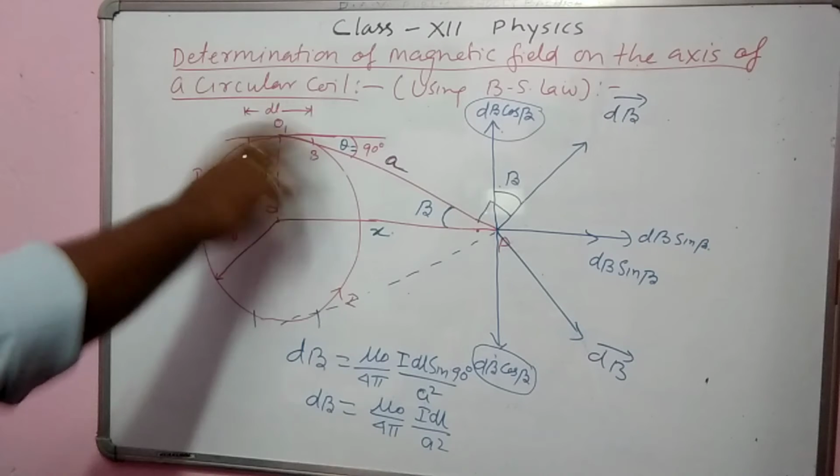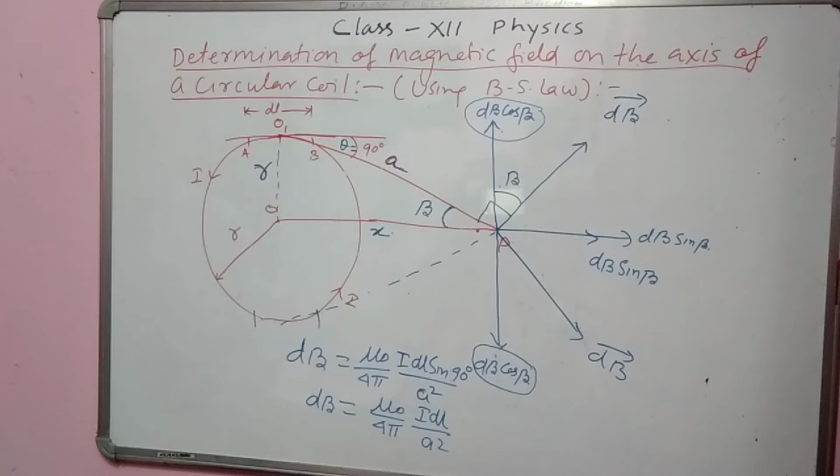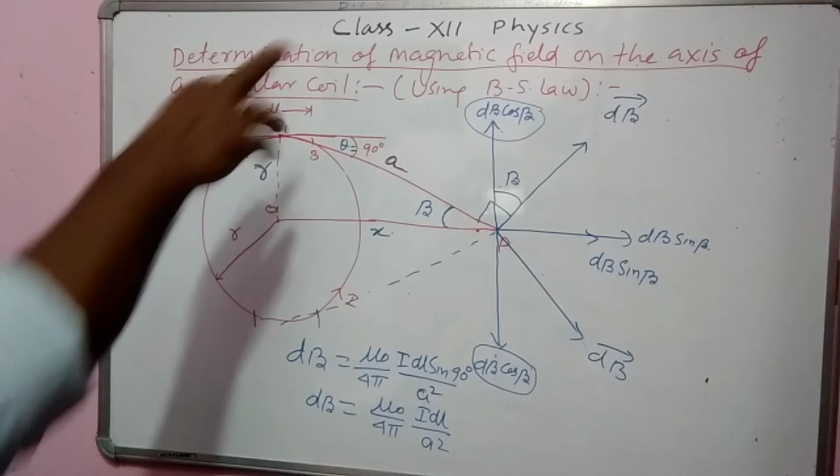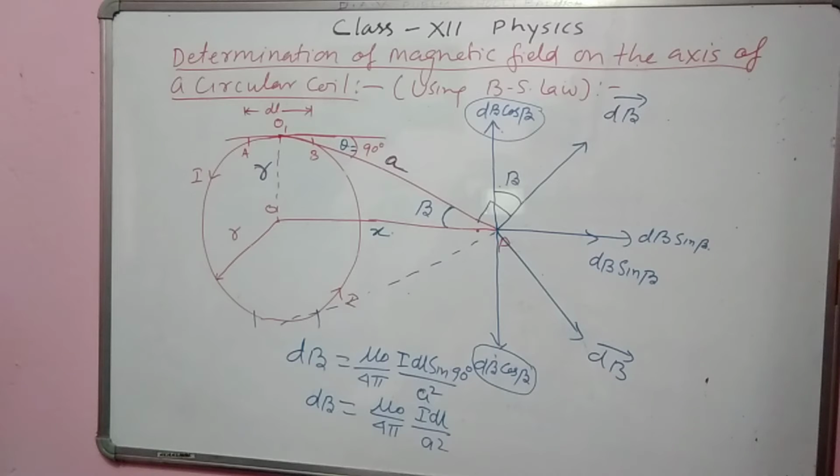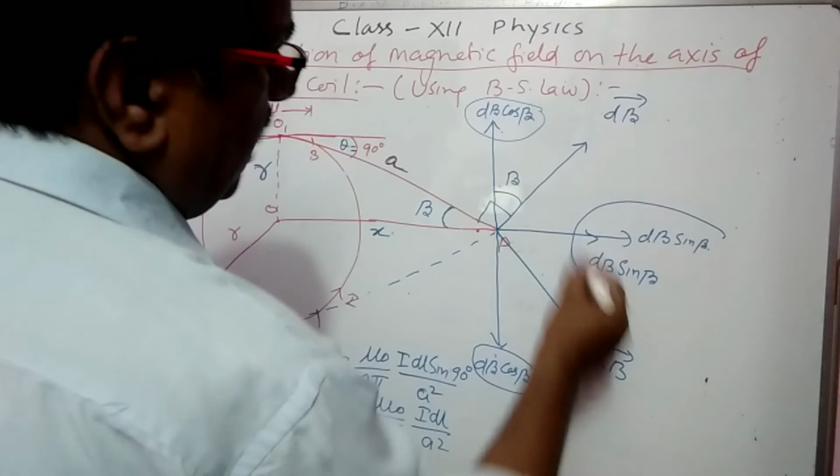If we consider so many current elements, then dB will be in a different direction for each, and each dB can be resolved. These two equal and opposite components of the magnetic field intensity will get cancelled out. So as a whole, the magnetic field will be along this direction.